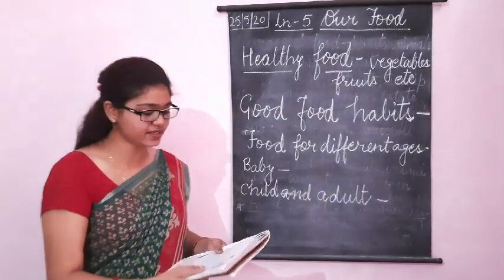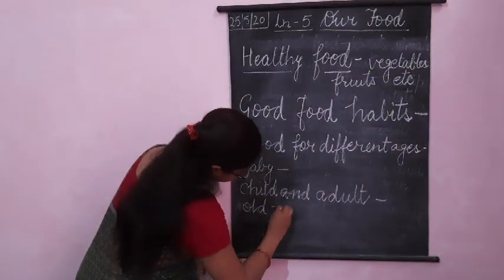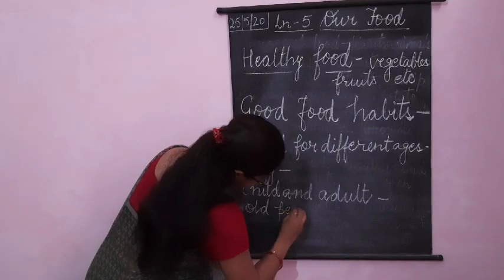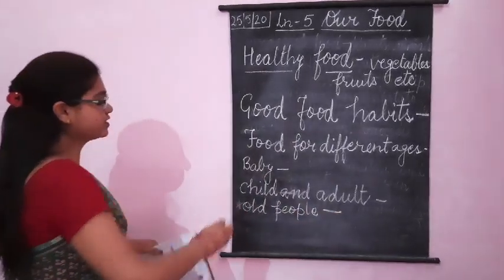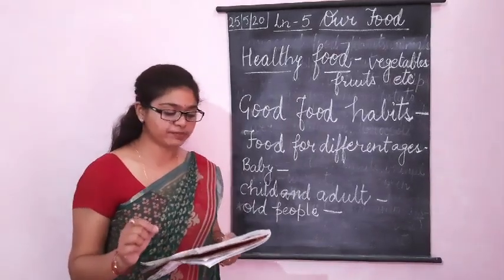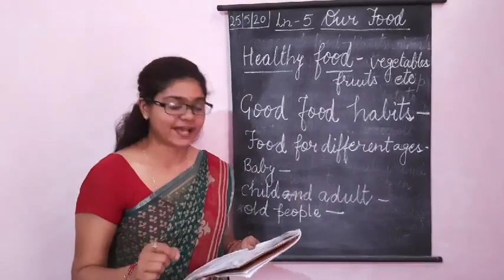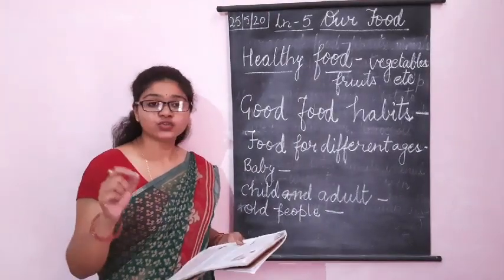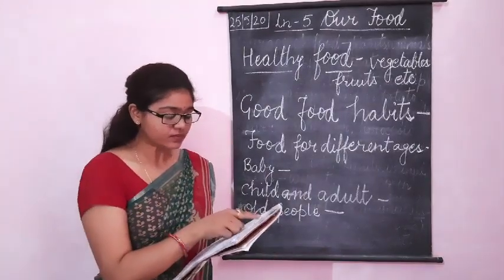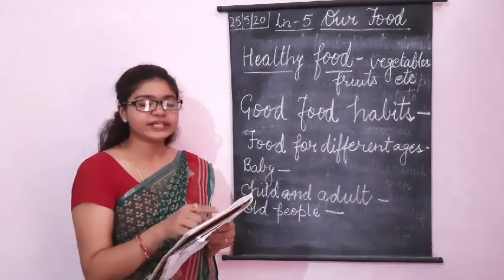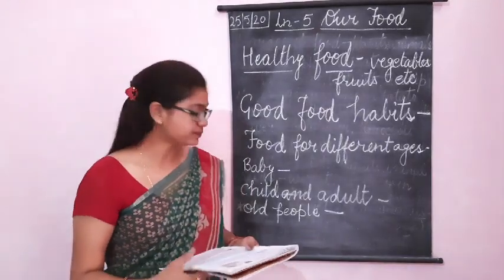The next age is old people. Old people should eat light and soft food such as boiled rice, soup, porridge and milk for easy digestion.